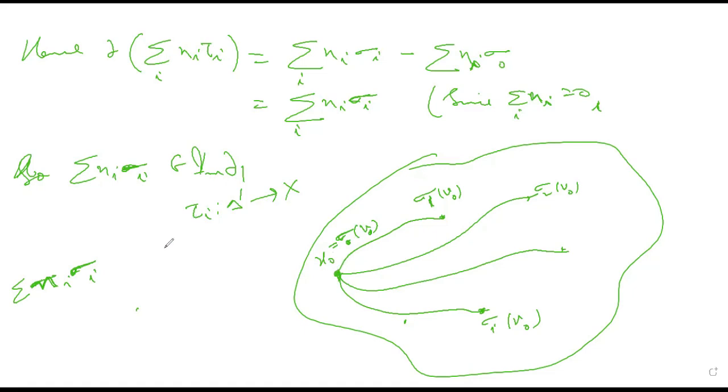Now, if you apply these boundary maps over this tau I, then this is tau I restricted over. So this is this one.